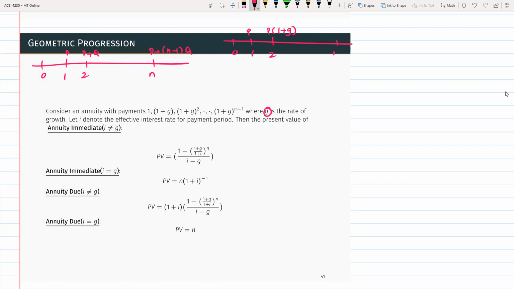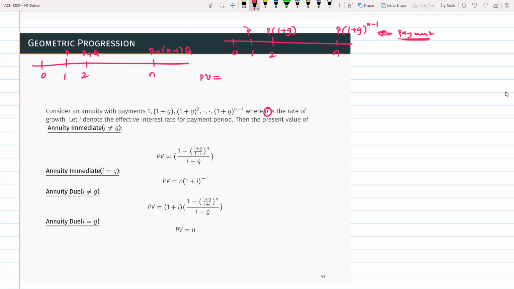Then by the nth payment, it's going to be P times (1 plus G) to the n minus 1. So if I want to get the present value of this kind of payment series, these are payments, and the payments increase according to the geometric progression formulas.